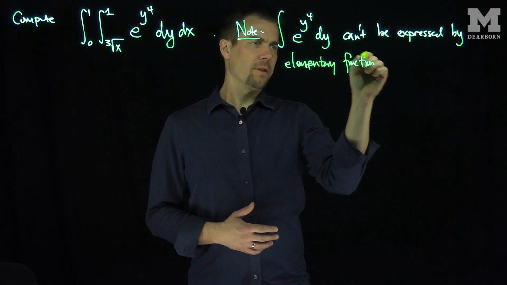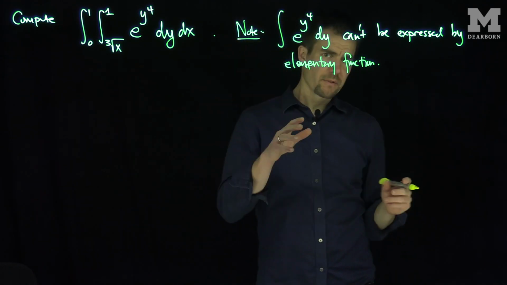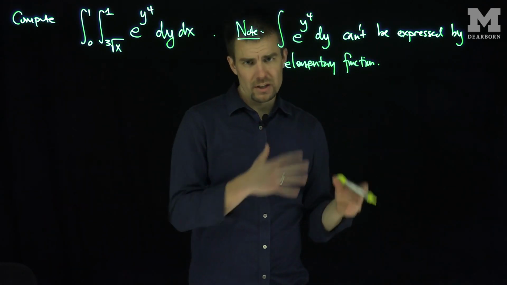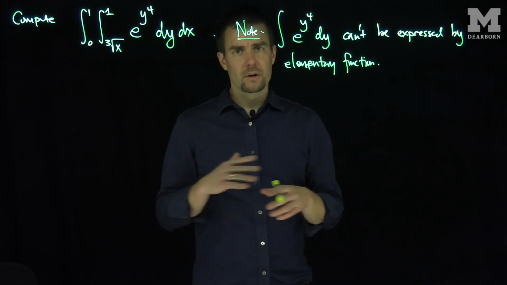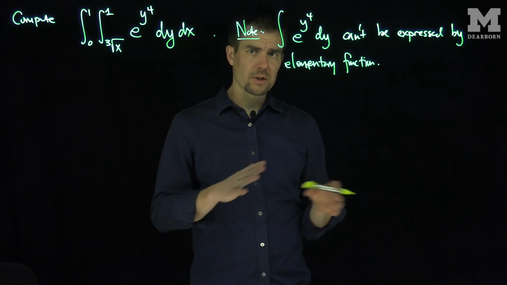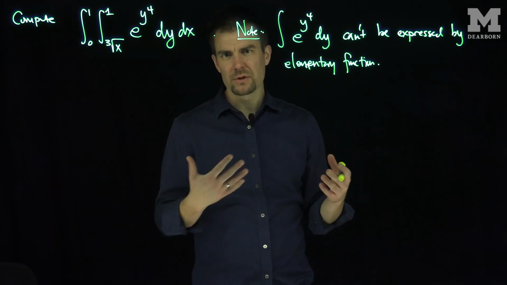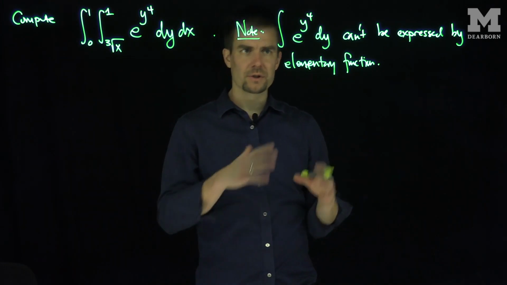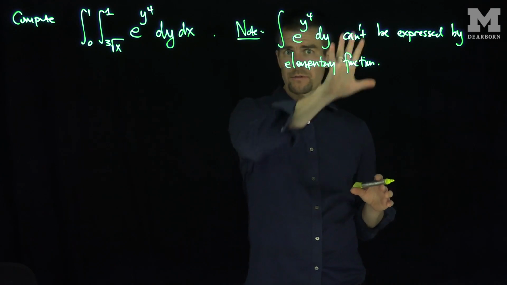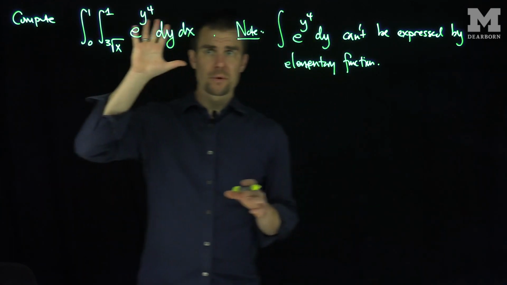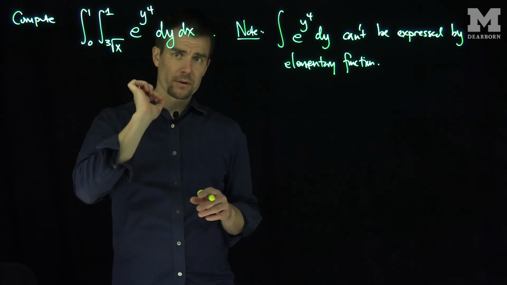In other words, I can't write this antiderivative in terms of exponentials, trigonometric functions, hyperbolic functions, polynomials, anything that we're used to seeing. So I can't actually perform this integration without introducing special types of functions, namely exponential integral class functions. So this is an integral we can't actually find an explicit antiderivative of, so it seems like we can't do this problem because we're first doing a y integration.